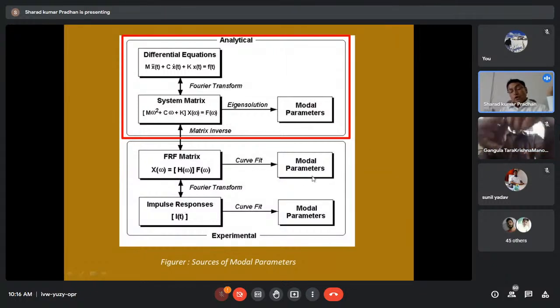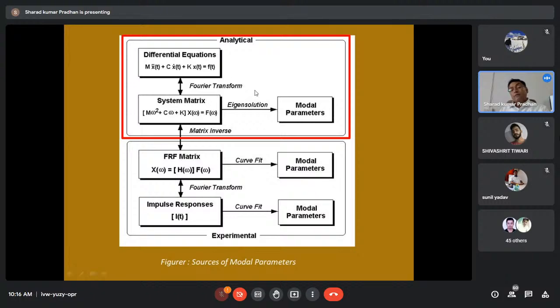So we can get modal parameters, that is frequency, damping factors, and mode shapes, from frequency response as well as from time response. This is called experimental. So what we are doing, we are generally using an FFT. FFT is recording the things in impulse, then we are converting into FRF, and then we are doing curve fitting, and we are getting the natural frequencies, mode shapes, and damping factors. So this is how we are doing experimental modal analysis.